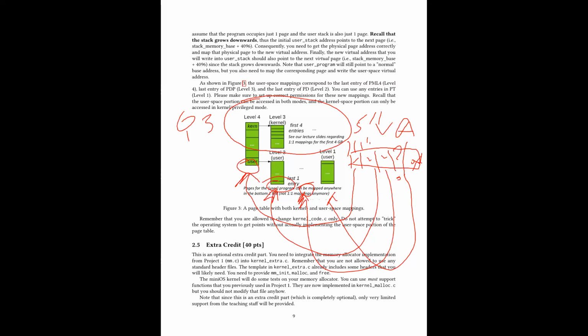Everything else is entirely different. For level 3, I can have different pages. Level 2 is also the same thing, not to mention level 1. Those are entirely different pages. So in level 4, I'm going to create the user mapping in the last entry. Now, of course, for the user mapping, level 3 is going to be different.